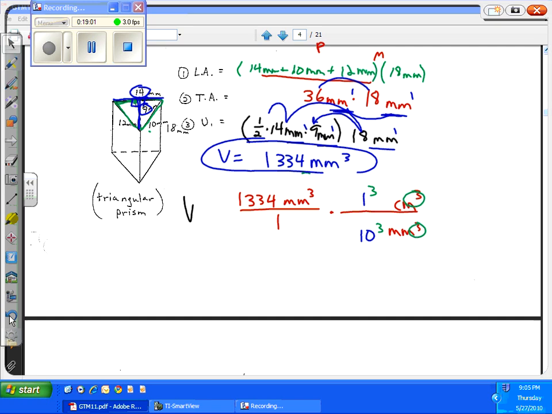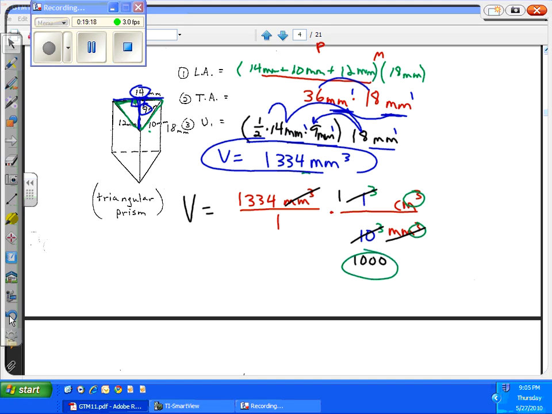Volume is cubic units, 3 dimensions. So 1 cubed is 1, 10 cubed is 10 times 10 times 10, which is 1,000. We're losing the name cubic millimeter.